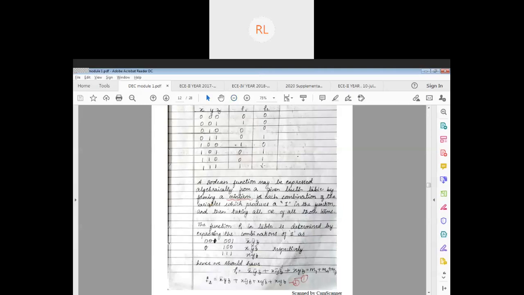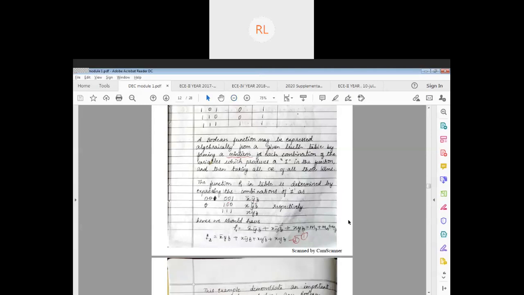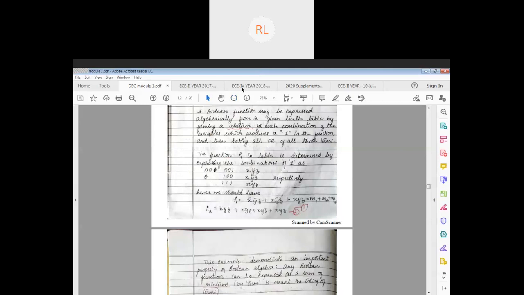Then I have 1 here, so it is x y bar z, that's also correct. Next I have 1 here, which is x y z bar. Next I have 1 at the last, which is the same as this last term, which is nothing but x, y, and z.